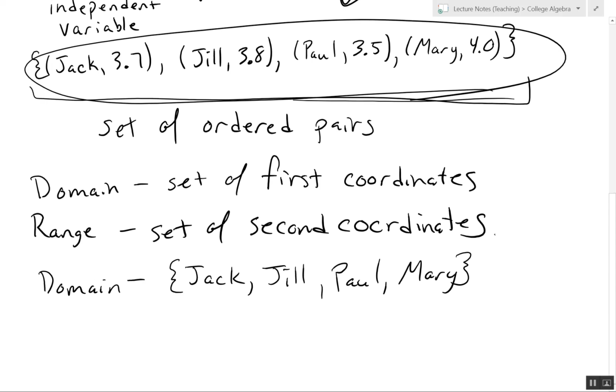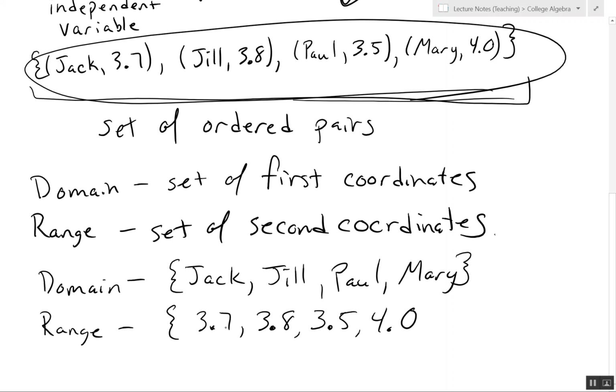And then the range is just all the GPAs. So in this case, this is going to be 3.7, 3.8, 3.5, and 4.0. Let me make those decimal points a little more clear. And again, we use the brackets to indicate that we have a set of numbers here.